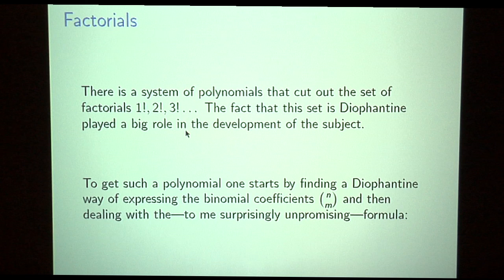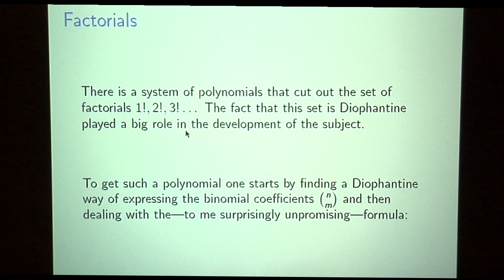Factorials, now there, you have to begin to really work. There is a system of polynomials that cut out the set of factorials. I might even, if I had the courage, give you that system of polynomials, but it's no mean trick. You do this in steps by showing that binomial coefficients, for example, have a Diophantine description.